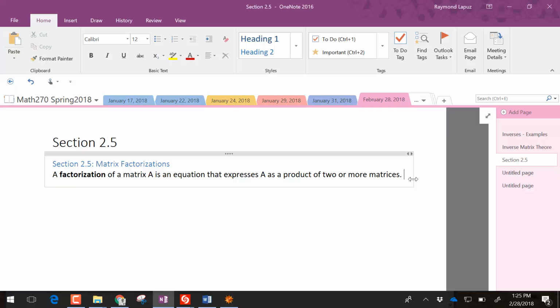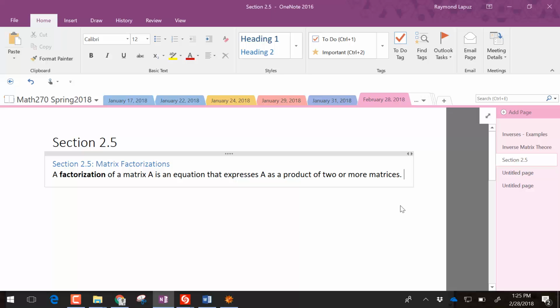There's 3 special kinds of factorizations we're going to do in this semester. This is the first one, LU factorization. The other 2 we'll get to when we learn more about eigenvalues and eigenvectors. But for now, let's talk about this factorization.